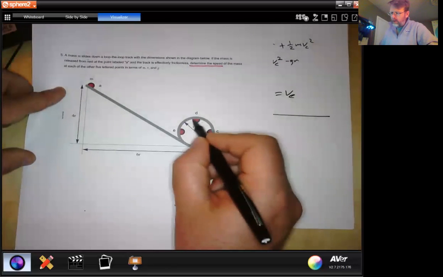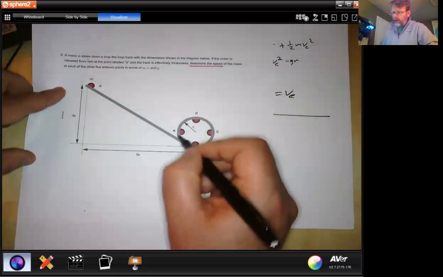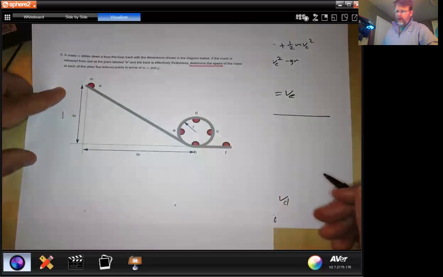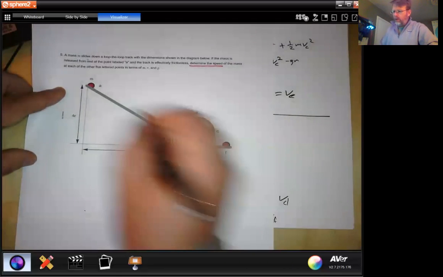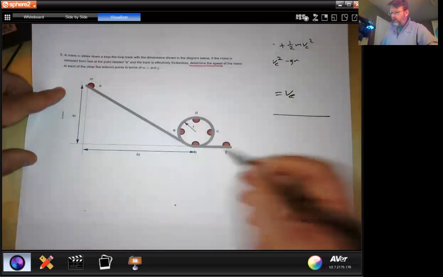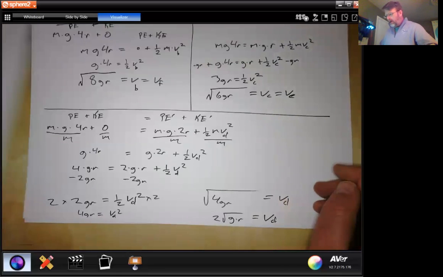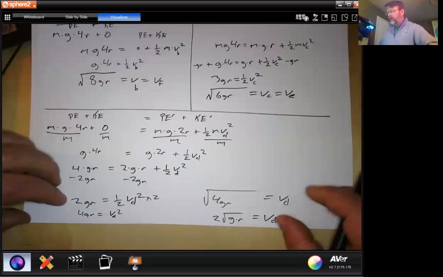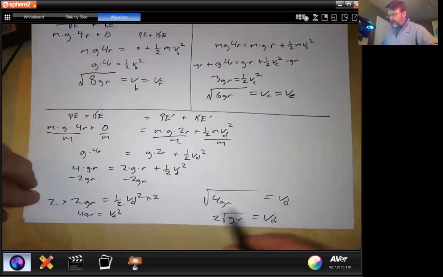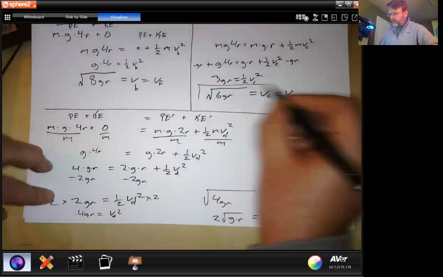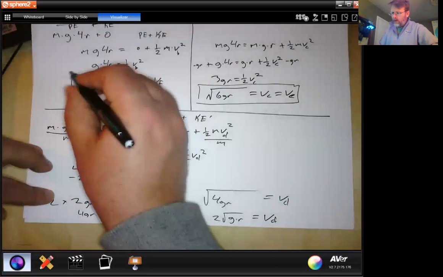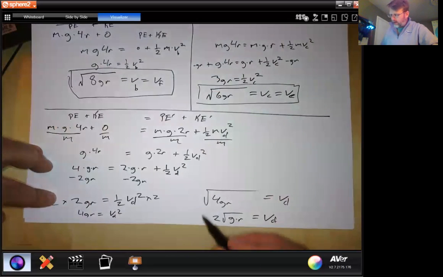And if this does not go fast enough to make it around the loop, then I don't even know if we'd hit E. But all those things are assumed to be true for this scenario. I've deleted other parts of the question that would eventually come up, but this gives us the velocity at all of the different steps.